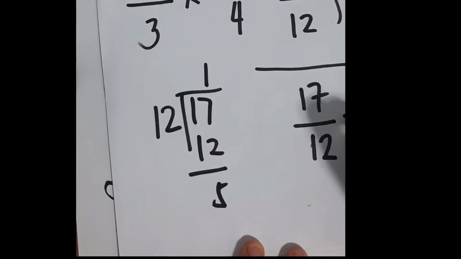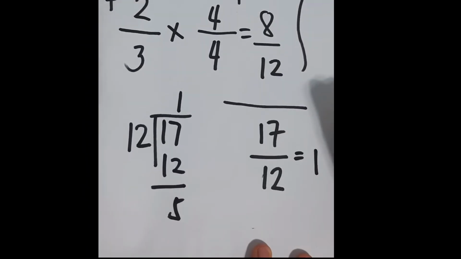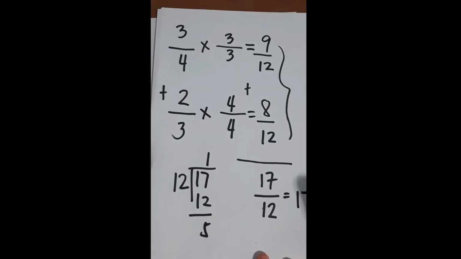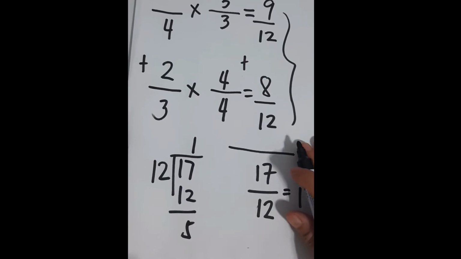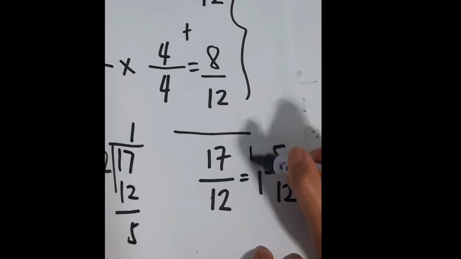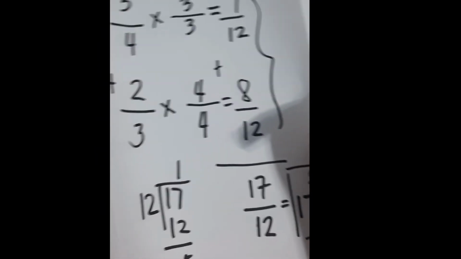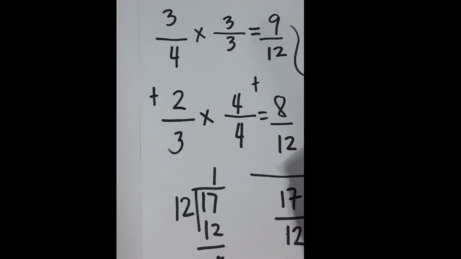So ngayon, ang sagot na natin, ang final answer natin, 1. Kunin natin yon as numerator. And then, kunin natin yon as our denominator. So this is now our final answer for these fractions.